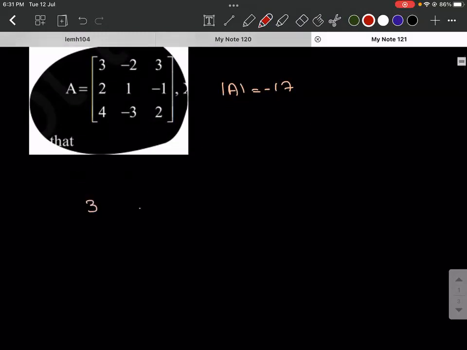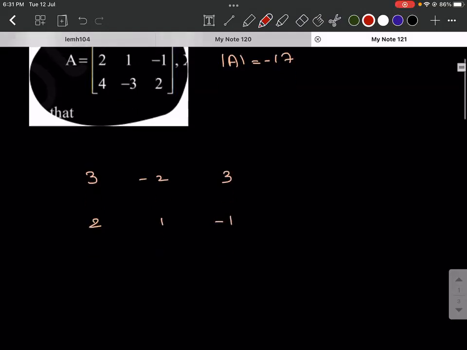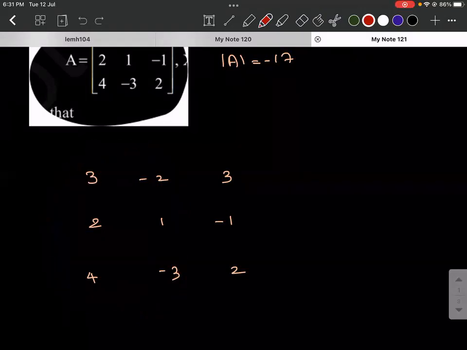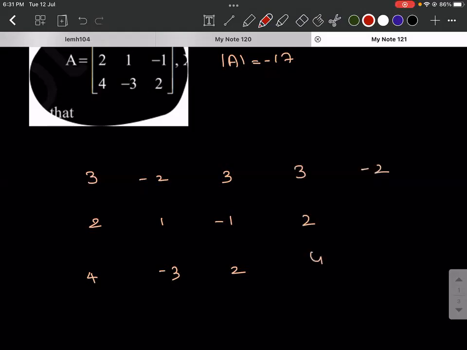Now, if you want to write the adjoint of the matrix faster, what you can do is take the matrix like this: 3, minus 2, 3, 2, 1, minus 1, 4, minus 3, 2. These two columns repeat, so you repeat them: 3, 2, 4, minus 2, 1, minus 3.